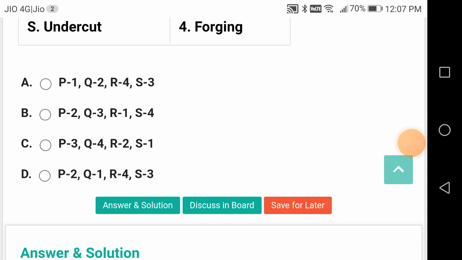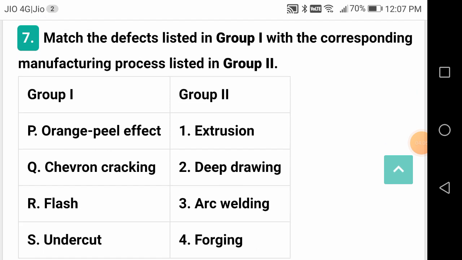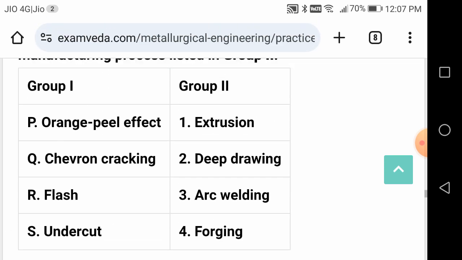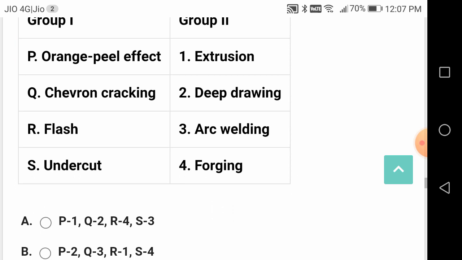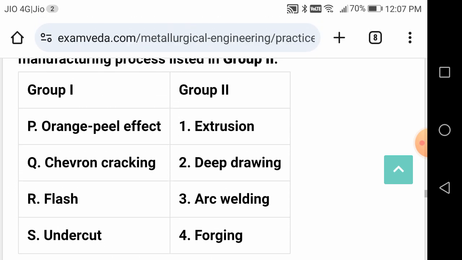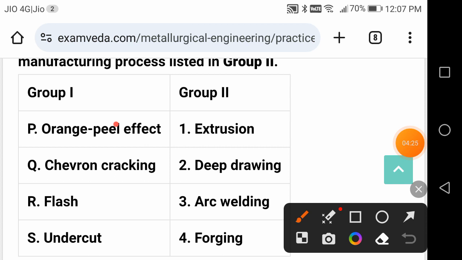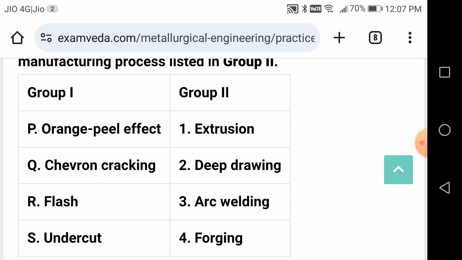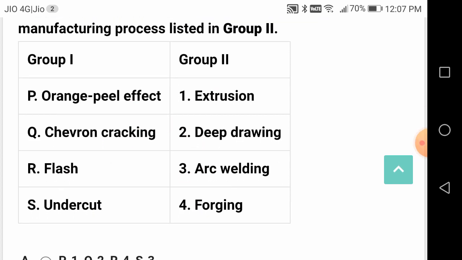So remember these defects. P2, orange peel effect, deep drawing.